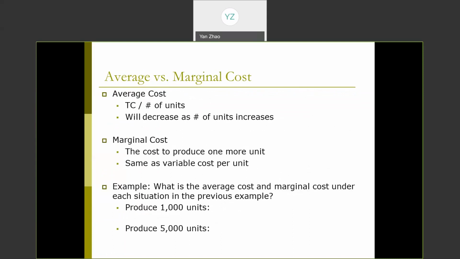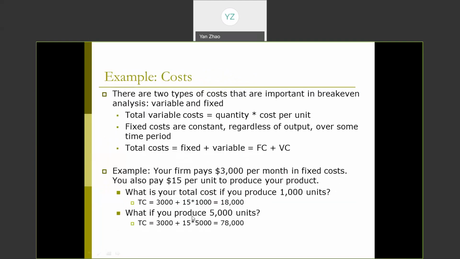Okay. So now let me introduce the idea of average cost. That is the total cost divided by the total number of units. So the average cost will decrease as the total number of units increase. Okay? So if you look at average cost, what is the average cost in the first case? That will be $18,000 divided by 1,000 units. So the average cost will be $18 per unit. Well, in the second case, what is the average cost?